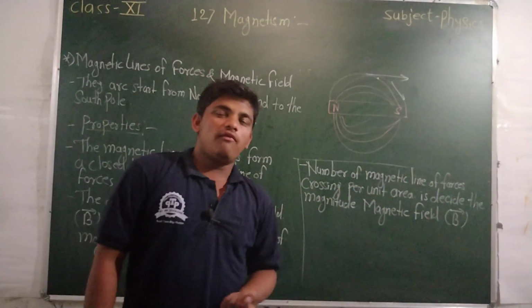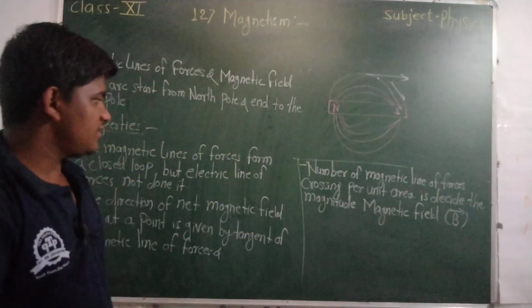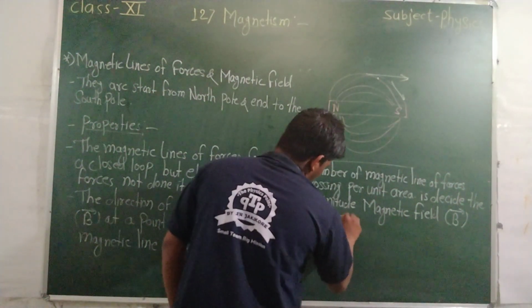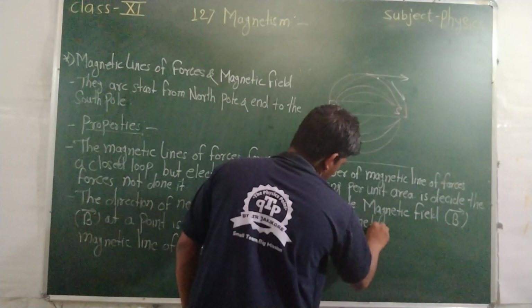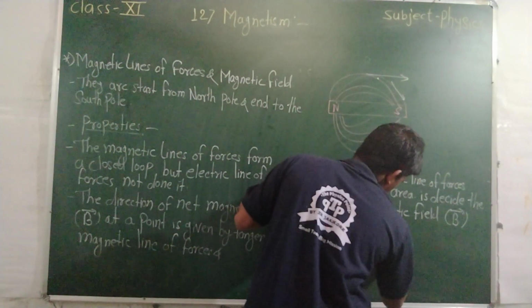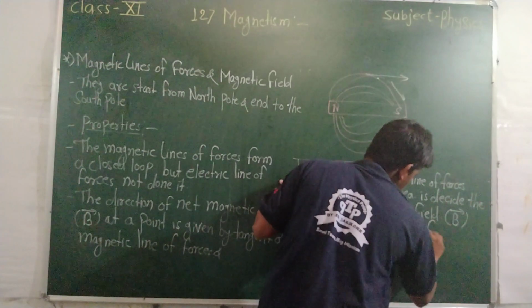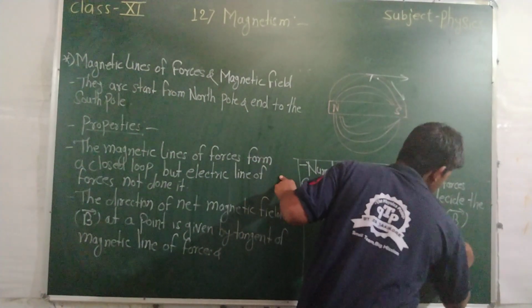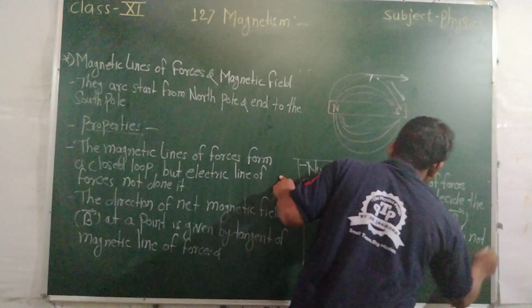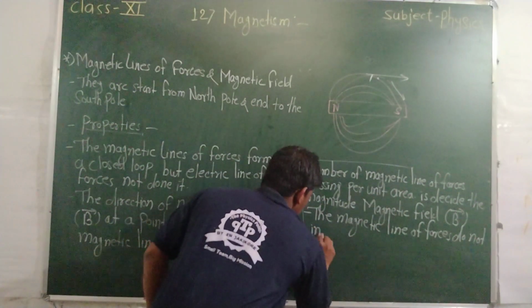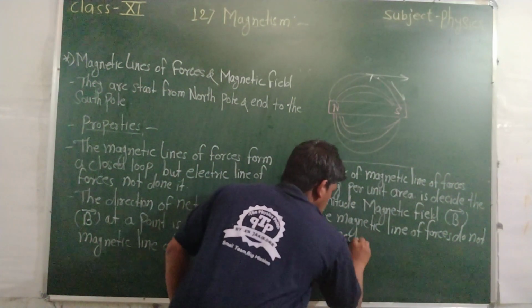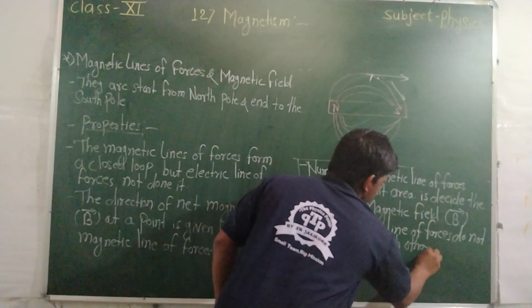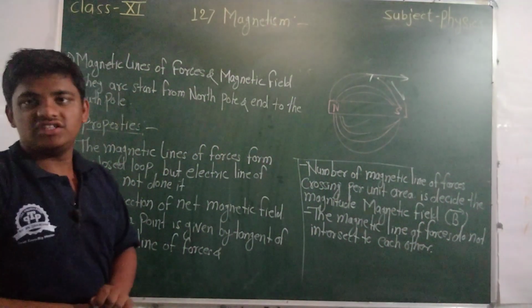Then the magnetic lines of force do not intersect. This is the last property. The magnetic lines of force do not intersect each other.